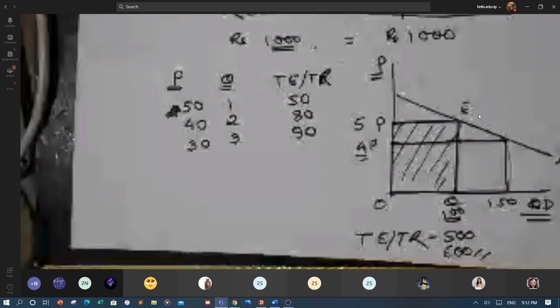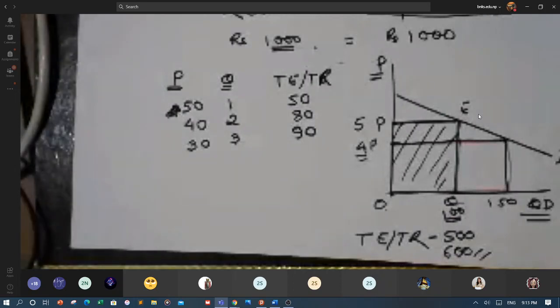You want to increase the total revenue from that good.